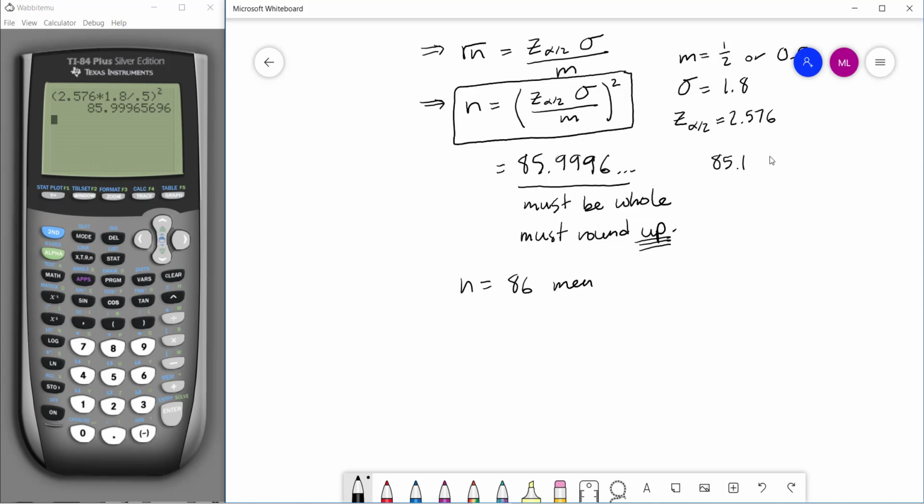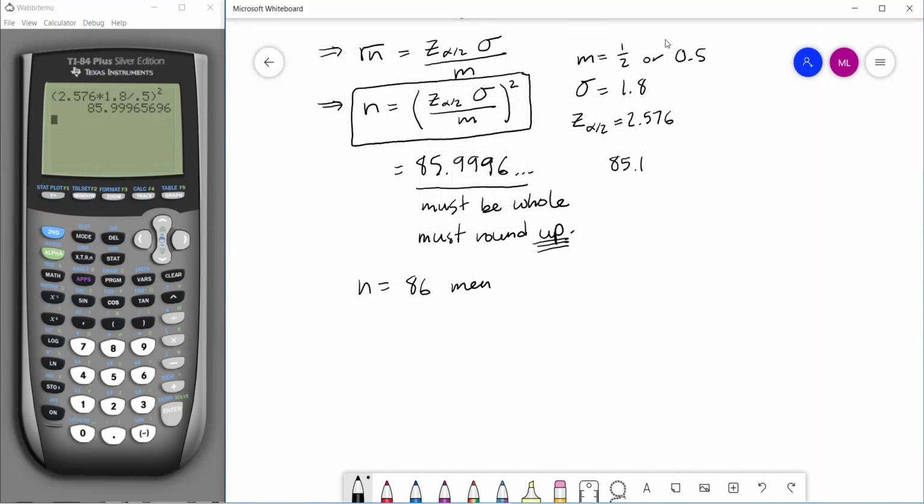If I only used 85, we'd be really close to a half, but we hadn't quite zeroed in sufficiently. So it's okay if you can get it down to within 0.49 sizes. Instead of 0.5 or a half, it's fine to say, yes, I can get this within half a shoe size, even if we can do better than half a shoe size.